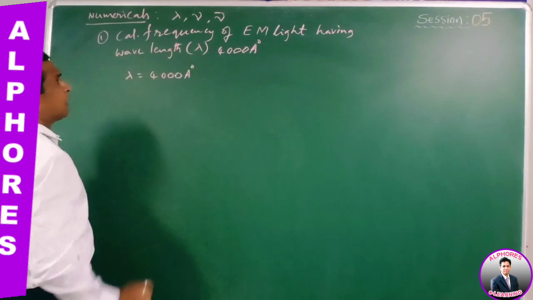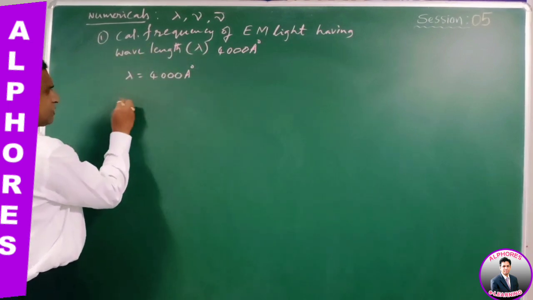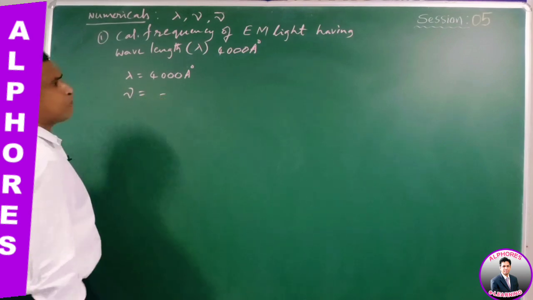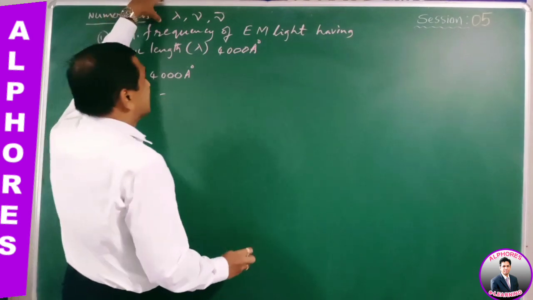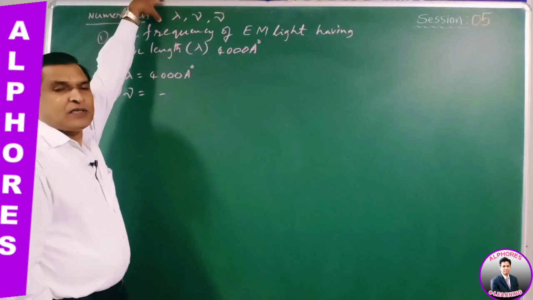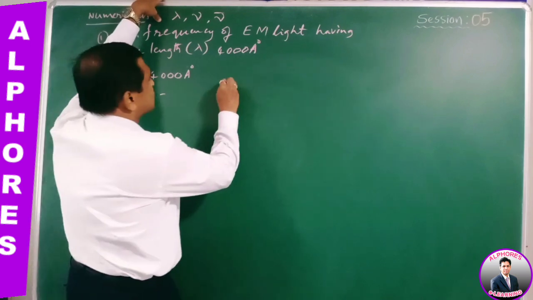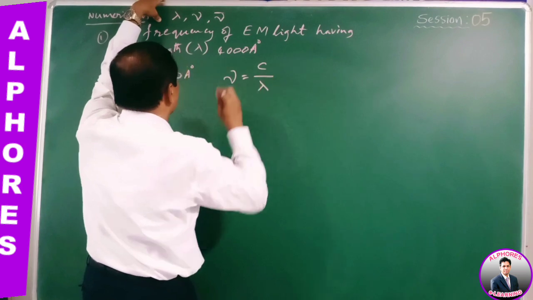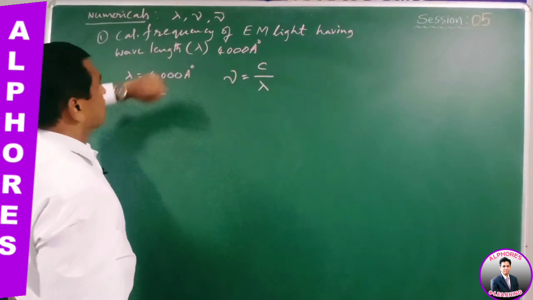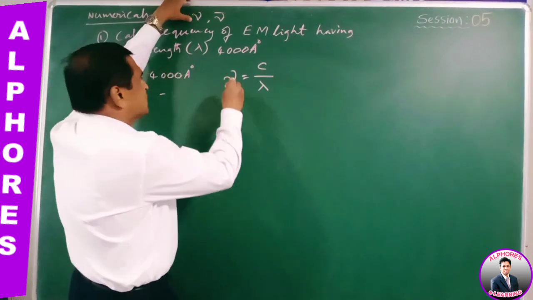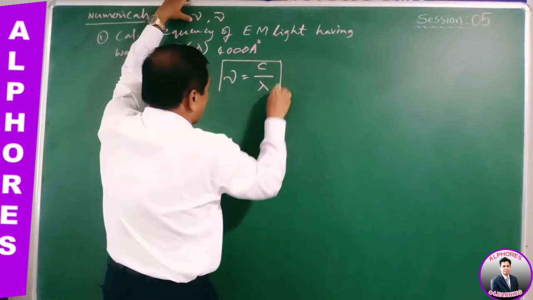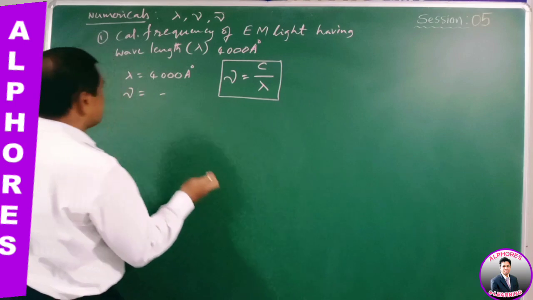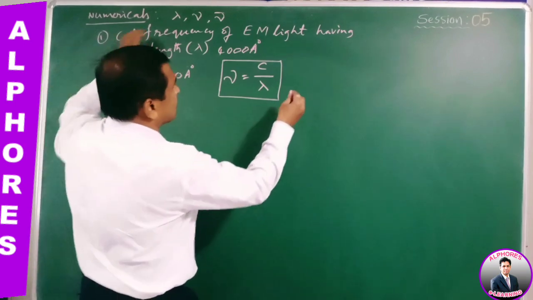Then we have to calculate the frequency of the light, nu. Now the related formula for this is nu is equal to C by lambda, where C is the velocity of light.